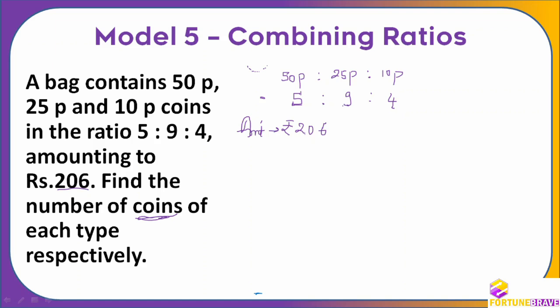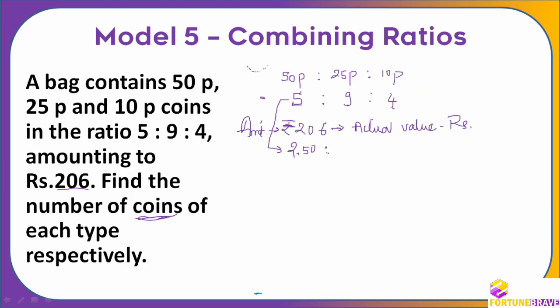So whenever questions on number of coins or rupee notes come, be very careful whether the actual value is in the number of coins or in the amount, that is rupees. Here the actual value is in rupees, so we have to convert them into rupees. So the ratio has to be converted into rupees. So I am going to convert it. How much is it?